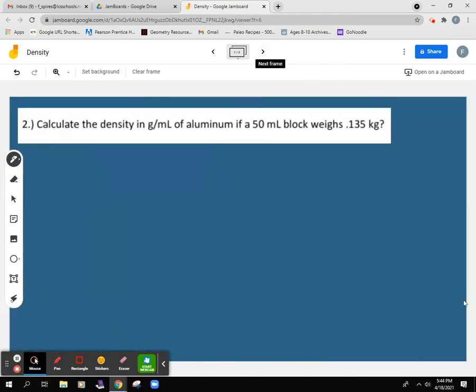So why am I telling you this? Well, if I say calculate the density in grams per milliliters of aluminum if a 50 milliliter block weighs 0.135 kilograms, I'm going to write out King Henry died unexpectedly drinking chocolate milk.